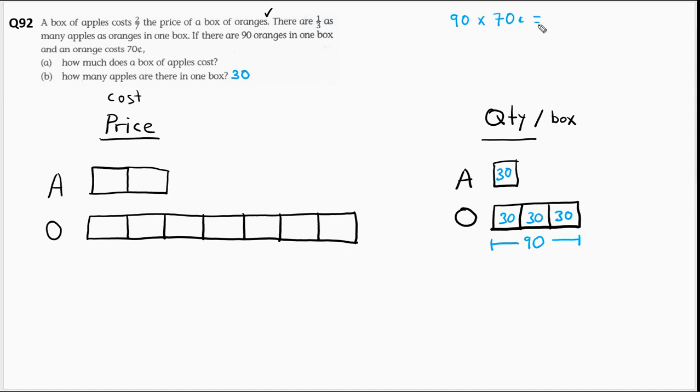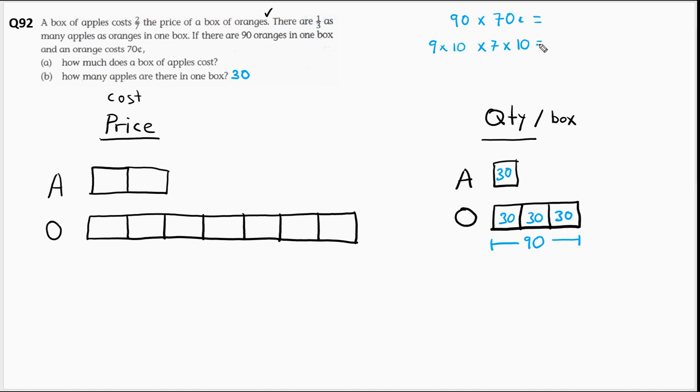Now this might look a bit scary, but as we've done this in a few of these videos, let's just split this out. 90 times 70 is the same as 9 times 10 times 7 times 10.